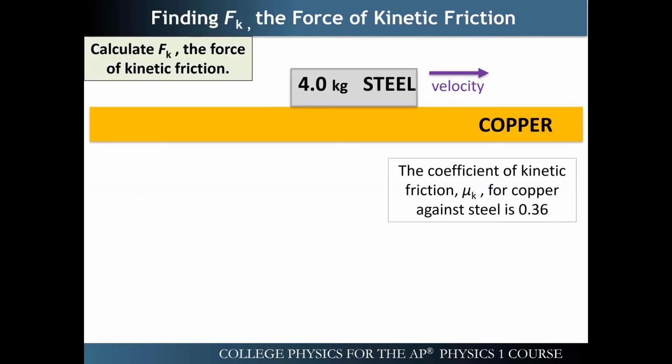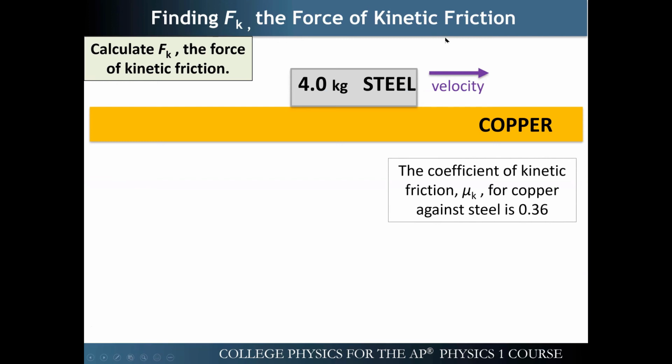All right, so now let's talk about a friction force when things are moving. You can see now it's saying calculate the kinetic friction force for the steel on copper still. So it's a 4 kilogram block of steel on a copper table, but now it's moving. It's not sitting still. And here they've given you the coefficient of friction again, the 0.36.